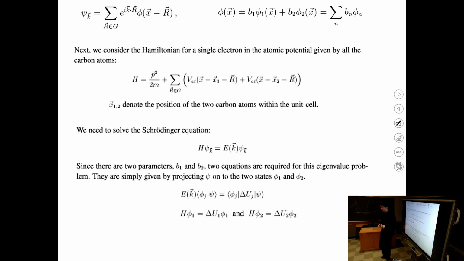And so, like I told you, we start a little bit back to arrive to a tight binding model, and therefore we consider this Hamiltonian, which is just a Hamiltonian of an electron living in the graphene lattice.